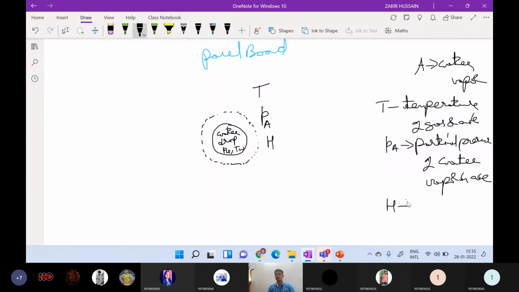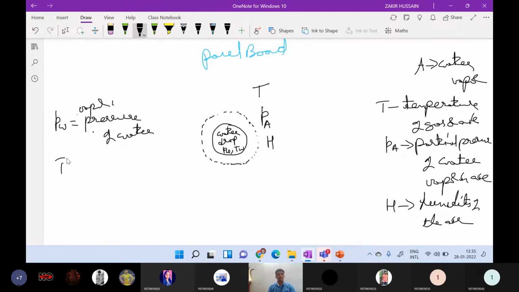H is the humidity of the air. Then we can define here Pw, the vapor pressure of water, and Tw, the temperature of the water drop.